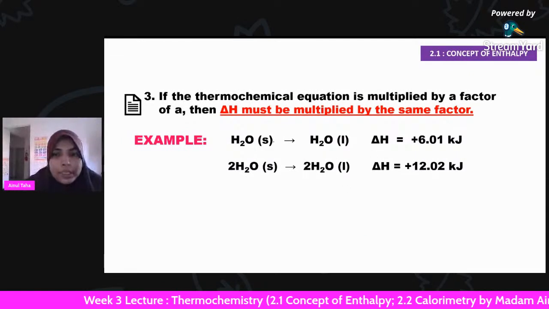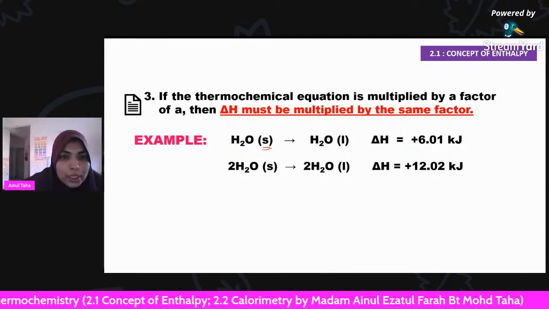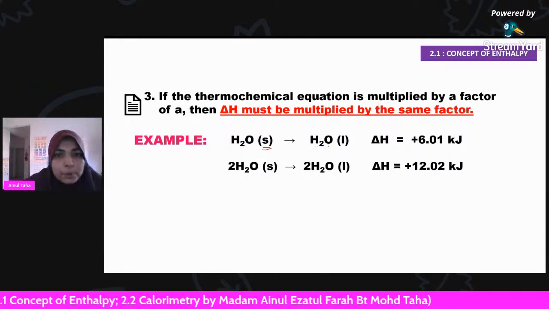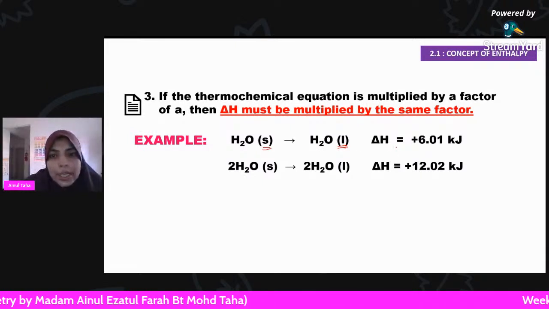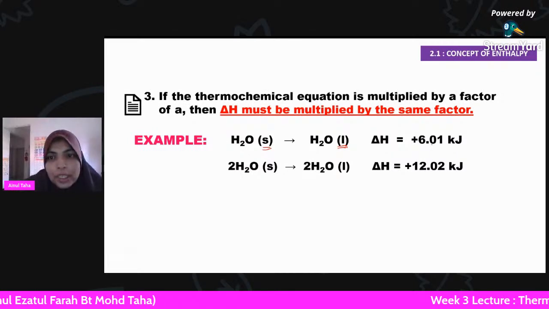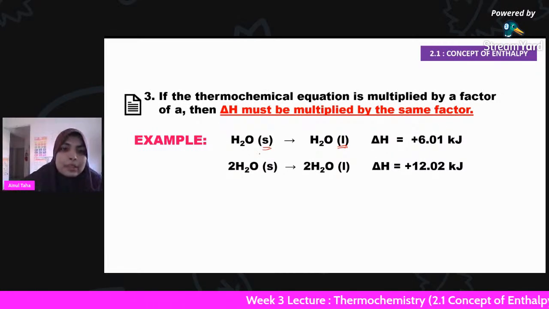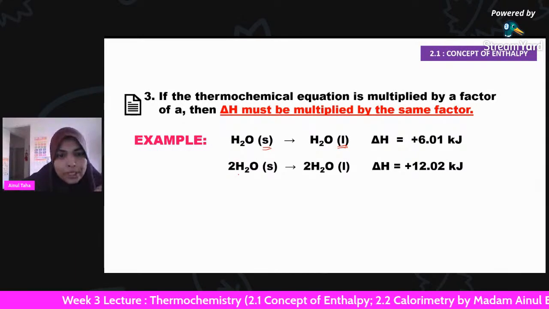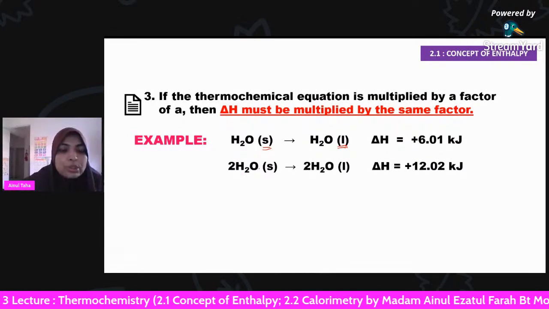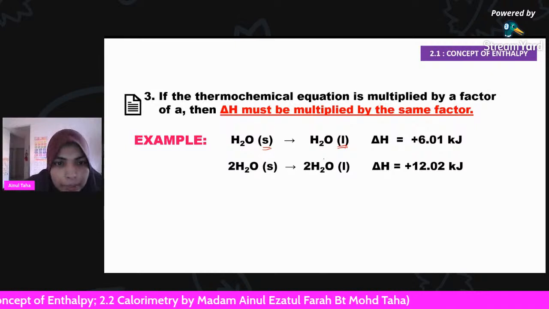At the beginning, 1 mole of water in the solid form will produce 1 mole of water in liquid form. The enthalpy change is positive 6.01. But now, because the coefficient in the equation is 2 mole, each of it must be multiplied by 2.